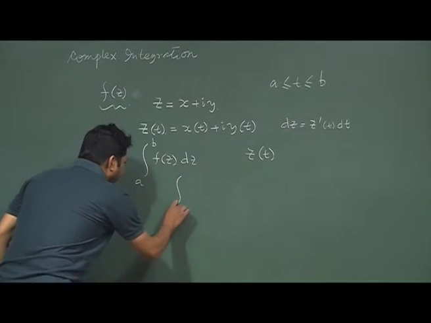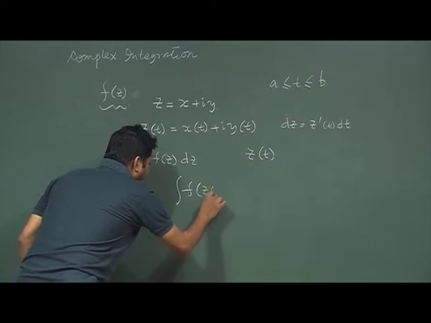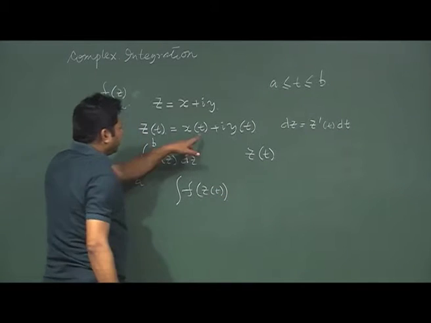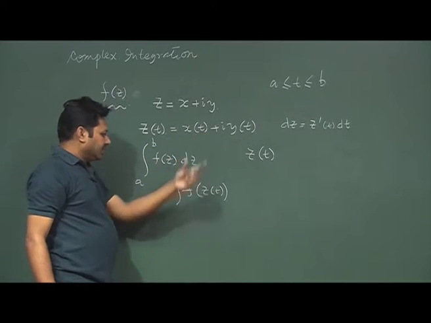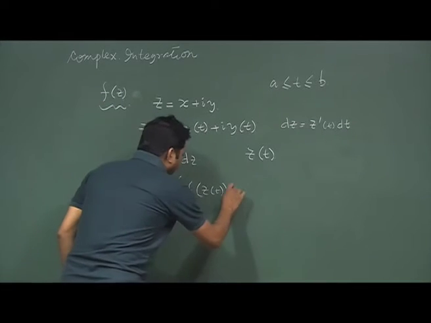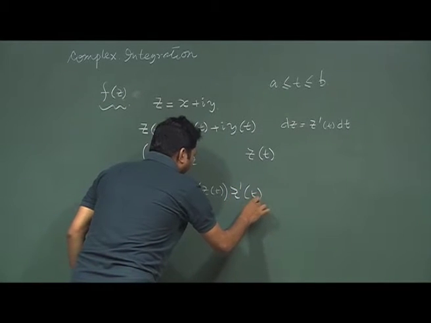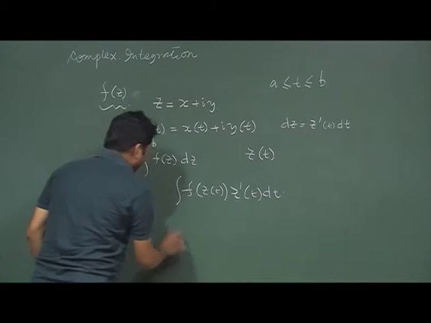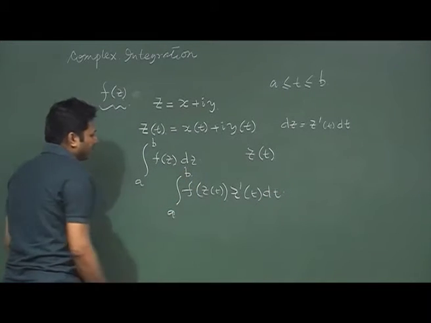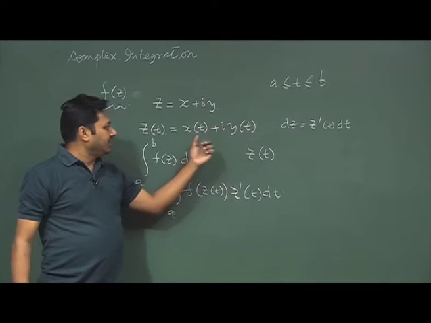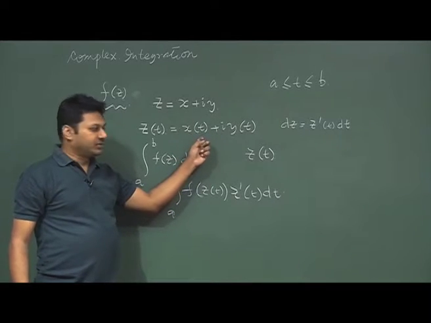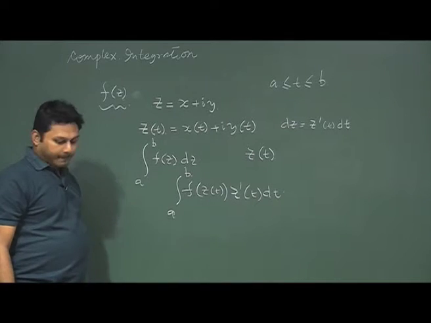So, this quantity is essentially then f(z(t)). If x and y are given as a function of t explicitly, then I can write this and replace this, then my integration will only depend on t. If x and y are given as explicit functions of t, then I can do it this way.